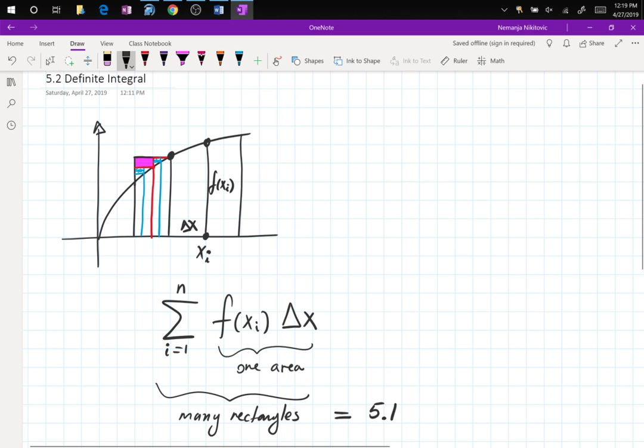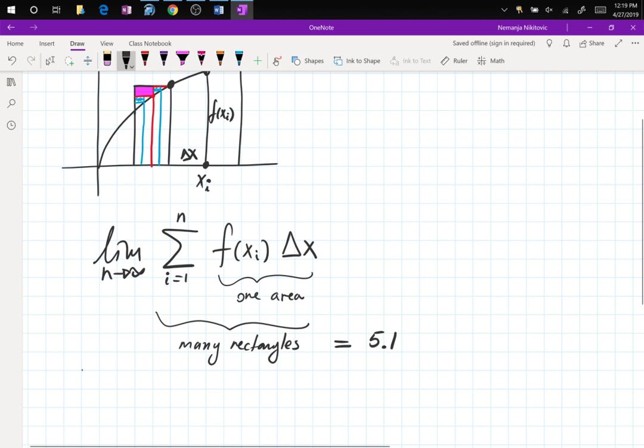But now, to get exact area, I need to send this n to infinity to make sure that I'm using infinitely thin rectangles, so there's no error. So now I add in front the limit, n goes to infinity, and finally, this is the statement for infinitely many rectangles.